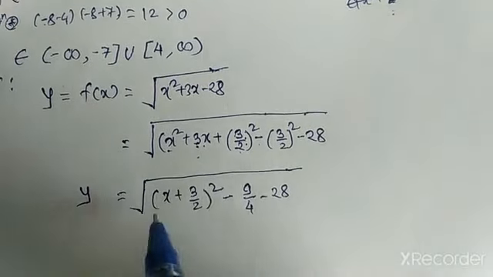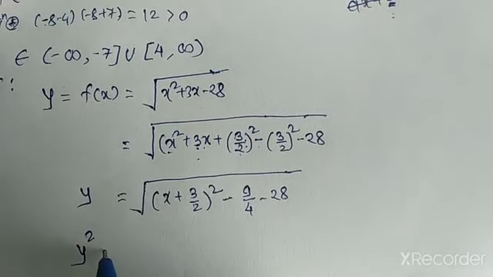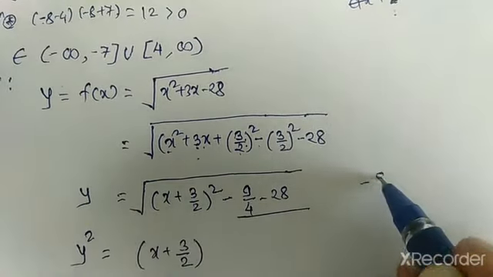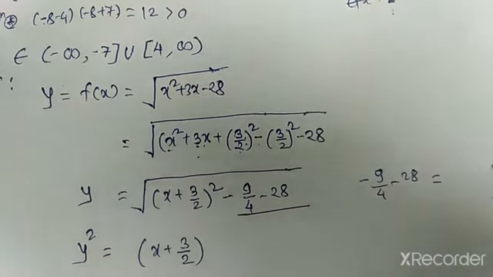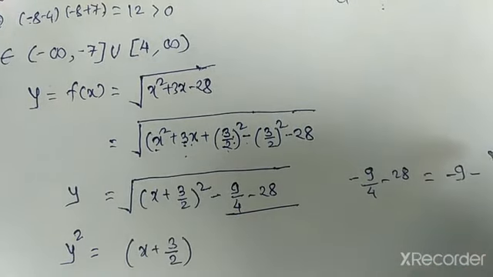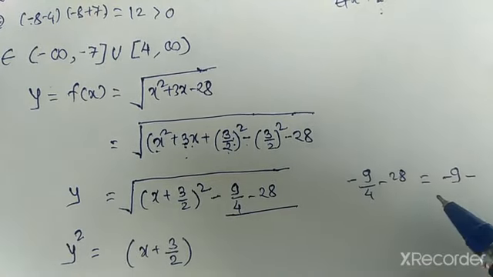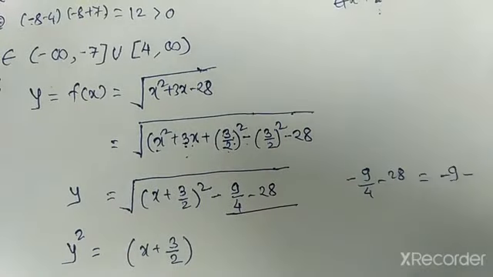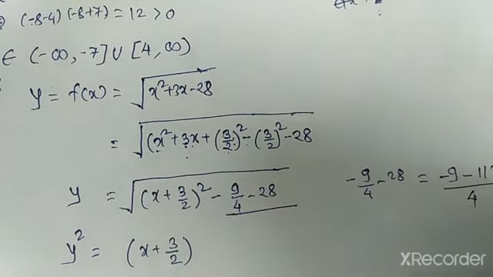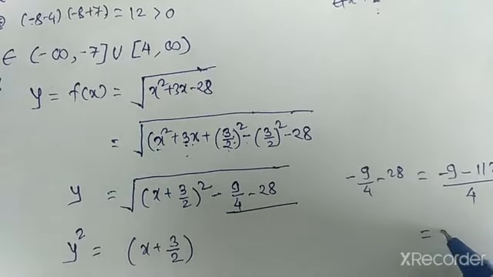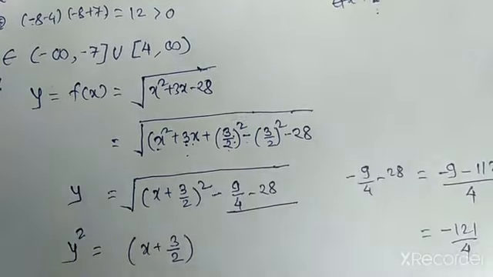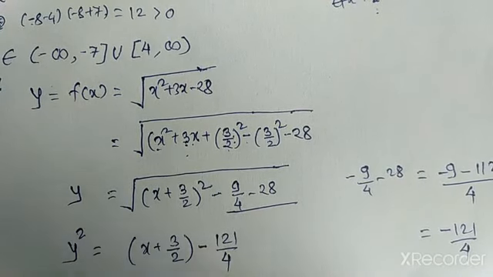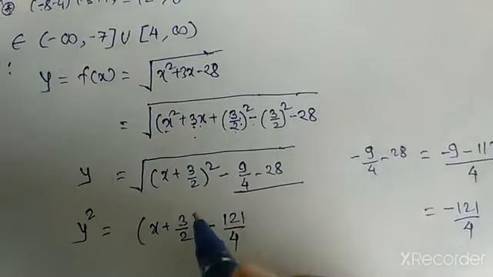So y can be written as (x plus 3 by 2) square, and this calculation minus 9 upon 4 minus 28 can be written as minus 9 minus 28 into 4. 28 into 4 is equal to 112 upon 4, which gives us minus 121 divided by 4. So here we write minus 121 divided by 4, x plus 3 by 2 bracket square.